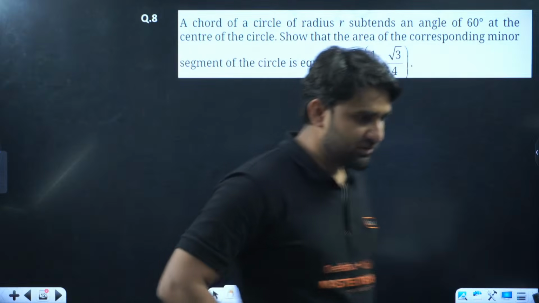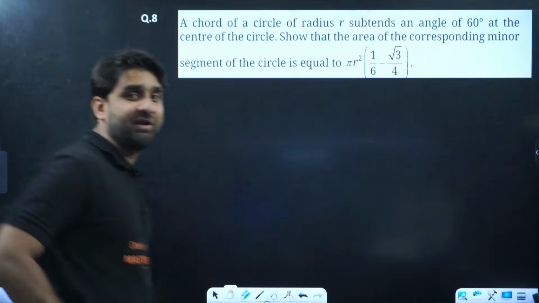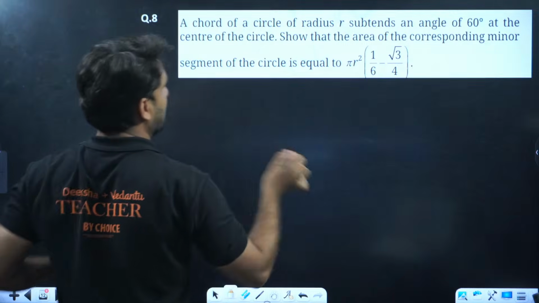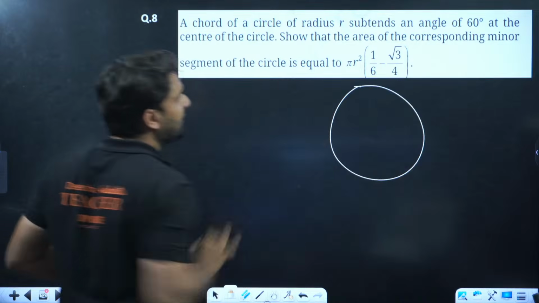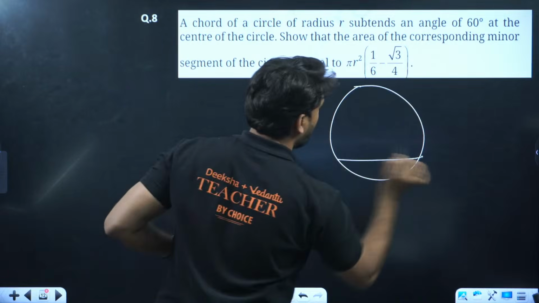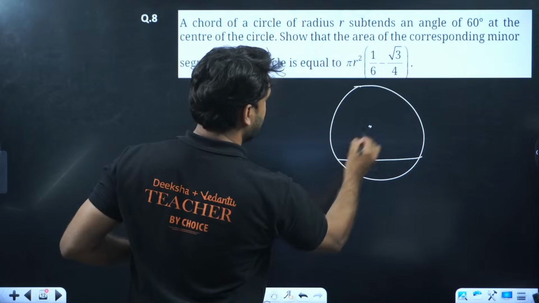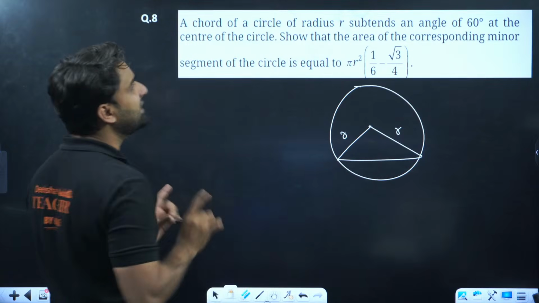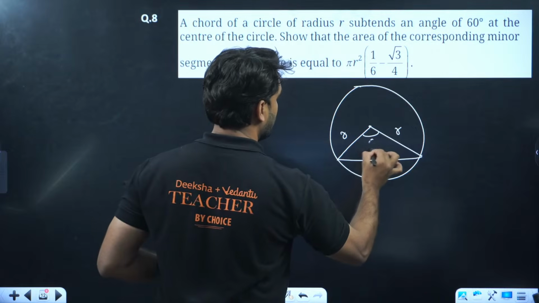A chord of a circle of radius r subtends an angle of 60 degree at the center of the circle. Okay, so we have a circle. We have a chord, and R is the radius, and this chord is making angle 60 degree here.